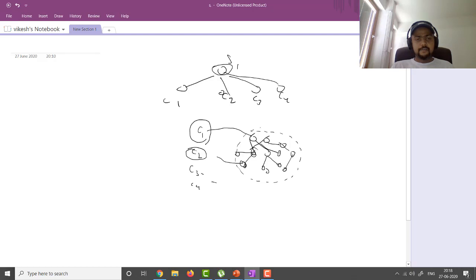Similarly, client 3 and client 4 can also submit queries to this logical circle, and there would be some sort of a cluster of servers which will be deciding which particular servers are available to execute the request, and they will pick up the request and distribute the request among them.